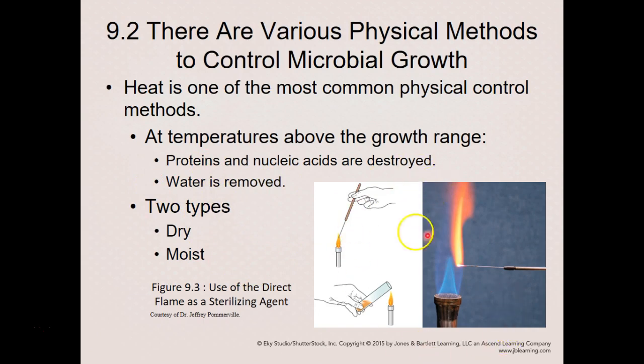This is dry heat, which is what we do to sterilize our loops. Moist heat is one of the most common forms of heat, and it's a very effective means that we use in our lab.